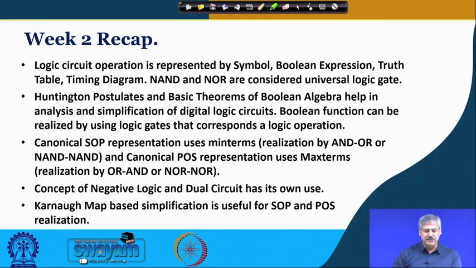and then the final circuit is obtained. We also saw that canonical SOP, sum of product representation using min term, and canonical product of sum representation using max term, can be realized easily by two level circuits. Two level circuits for SOP was AND and OR.